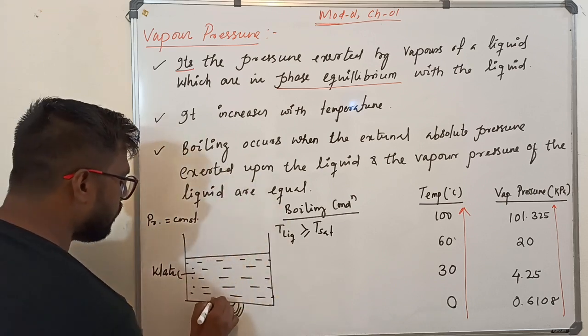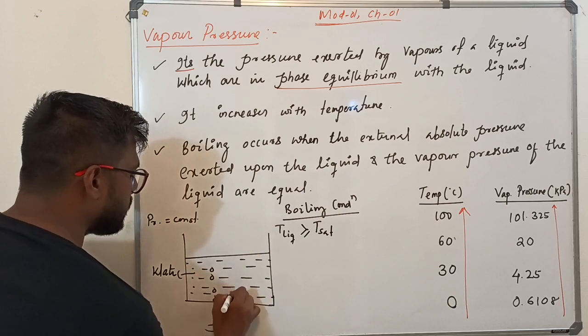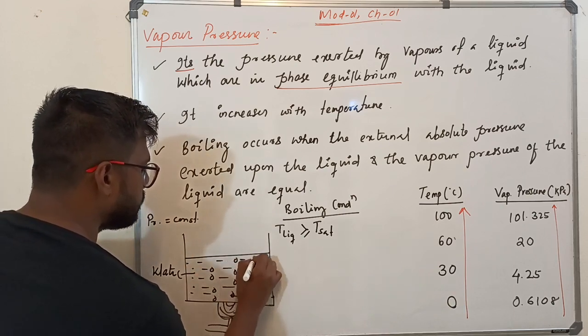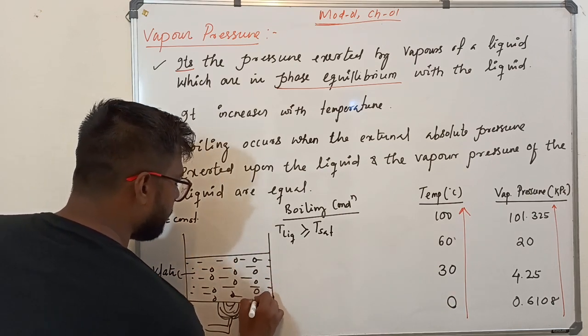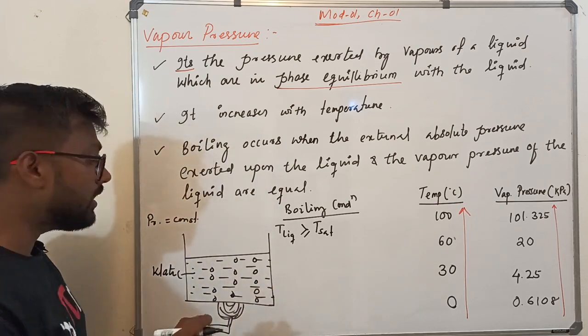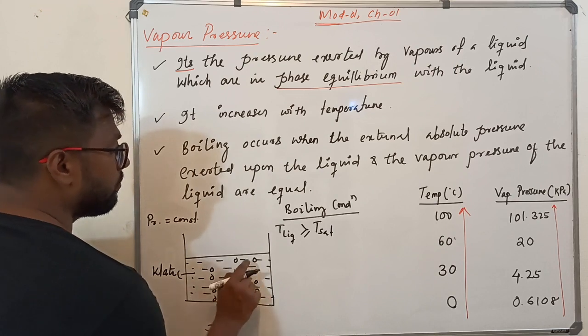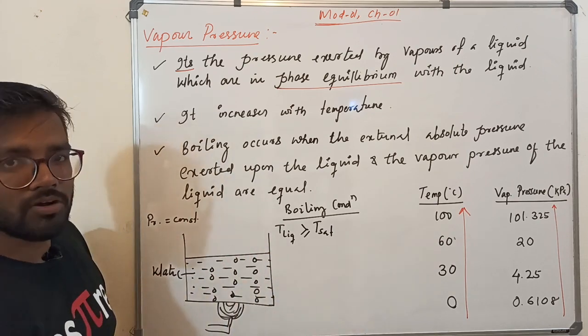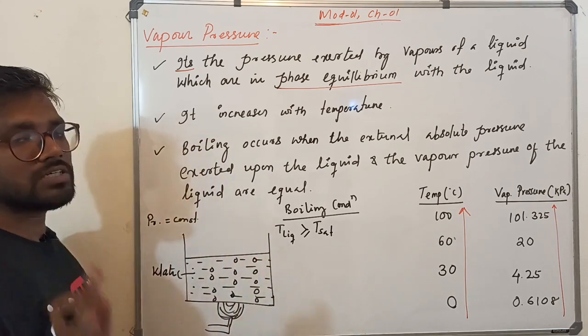Water will form bubbles and you can see it boil. What is the important thing in boiling? Bubbles. Unless there is a bubble, you cannot say it's boiling. For boiling, a bubble is compulsory.